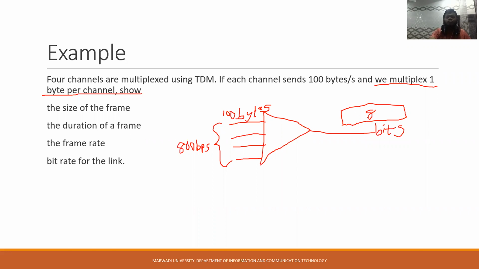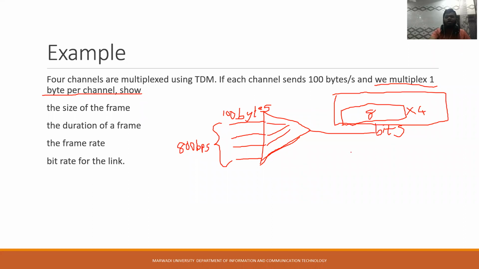So 1 byte would have 8 bits, and we would have 4 times 8 bits within a frame. So we would have 1 byte from this, then 1 byte from this, 1 byte from this, and 1 byte from this. So we would actually have 4 bytes within the frame.